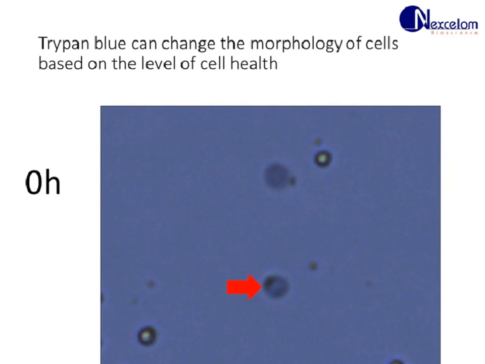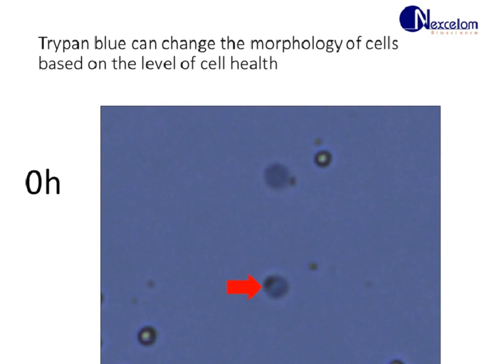So looking at how Trypan blue affects the dead cells, what we did is we took a flask of Jurkat cells and we left the Jurkat cells out on the counter over multiple days. And every day we would take out a sample to measure with Trypan blue and take an image.